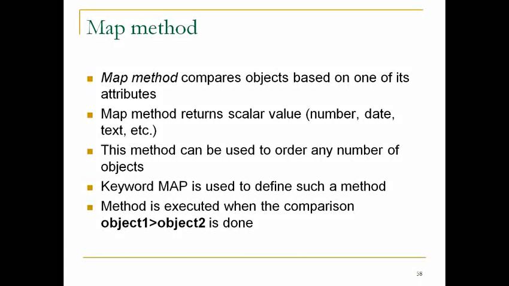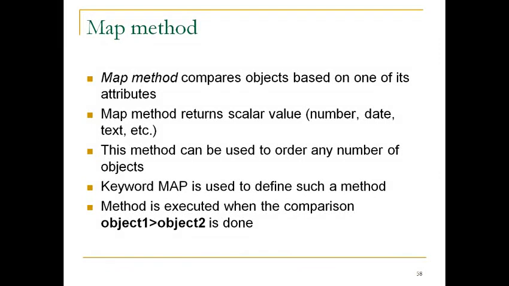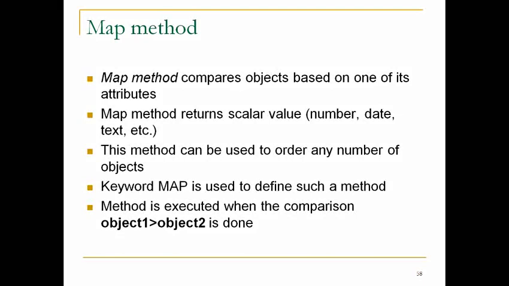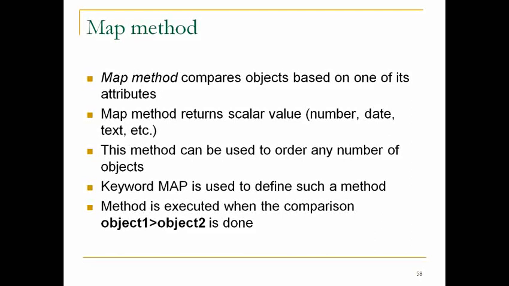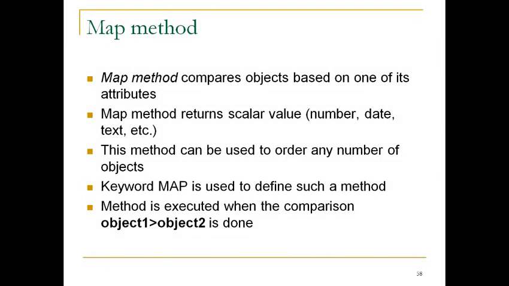And thus this method can be used to order any number of objects. If it maps the object into a number, then we can order them by numbers. And it does not matter if there are 2 objects we're comparing or 7.